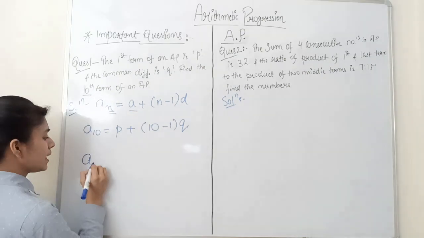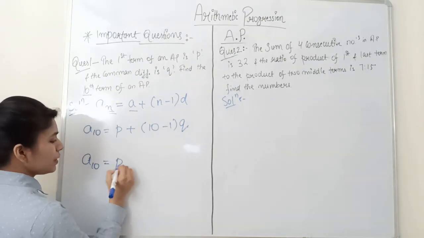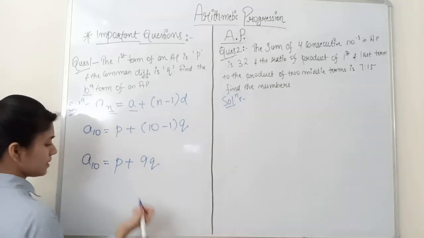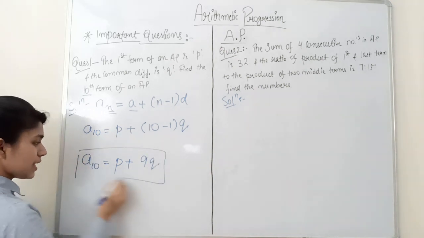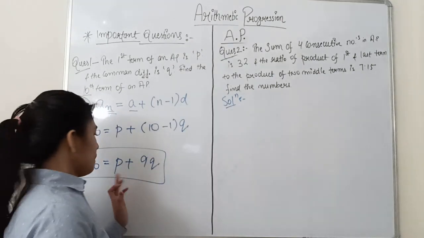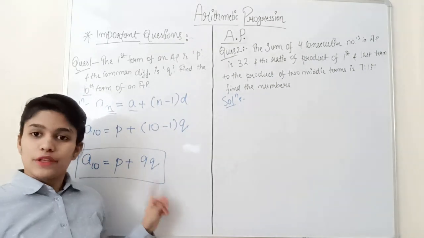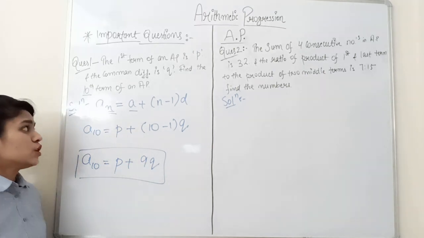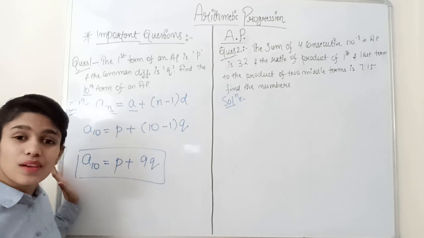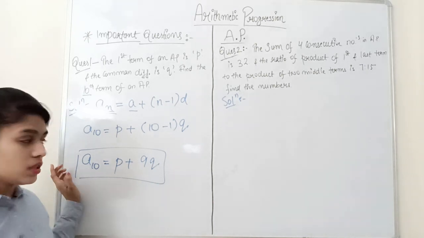So A10 equals P plus 10 minus 1, which is 9, times Q. So the 10th term of this AP is P plus 9Q. This is a short answer type question, but it is the basic concept of how to find the nth term of an AP.